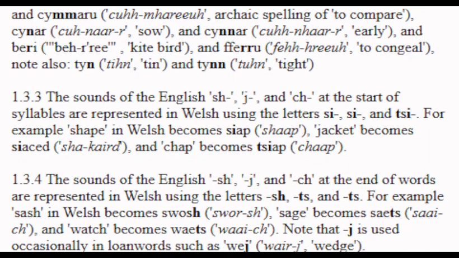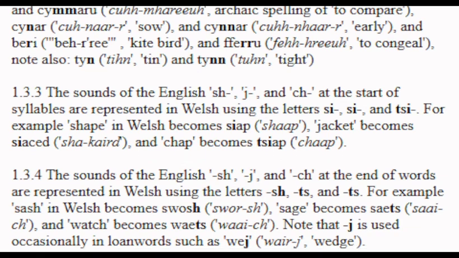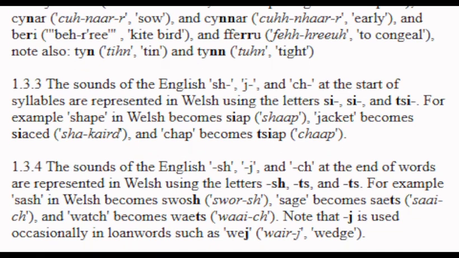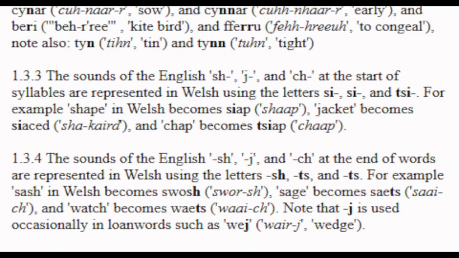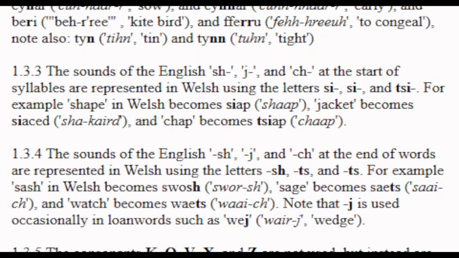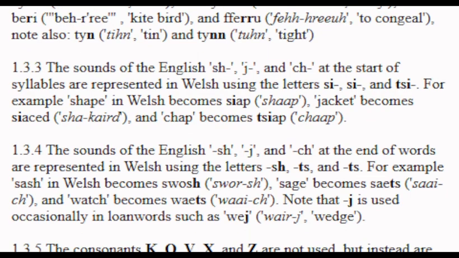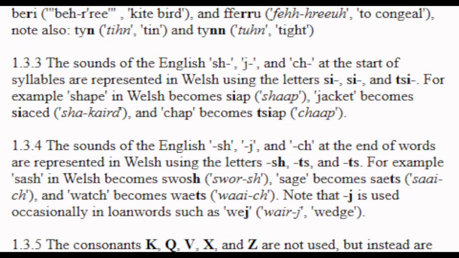The sounds of the English sh, j, and ch at the end of words are represented in Welsh using the letters sh, ts, and ts. For example, sash in Welsh becomes swash, sage becomes saich, and watch becomes watch.